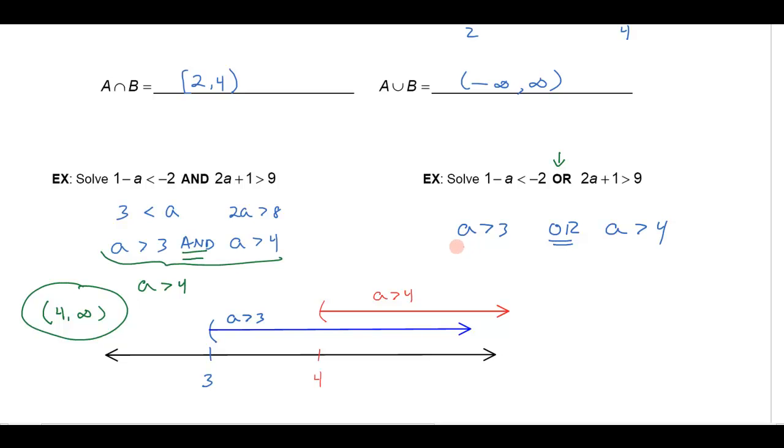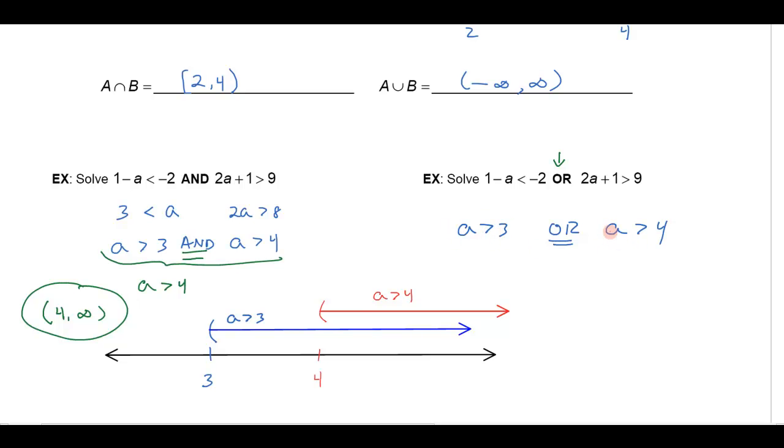So in this case, if I want A is greater than 3 or A is greater than 4, you see that if A is greater than 3, it's going to satisfy that "or," right? Because if my A happened to be 3.5 and I'm trying to satisfy this whole mathematical statement, 3.5 is greater than 3, that's true.